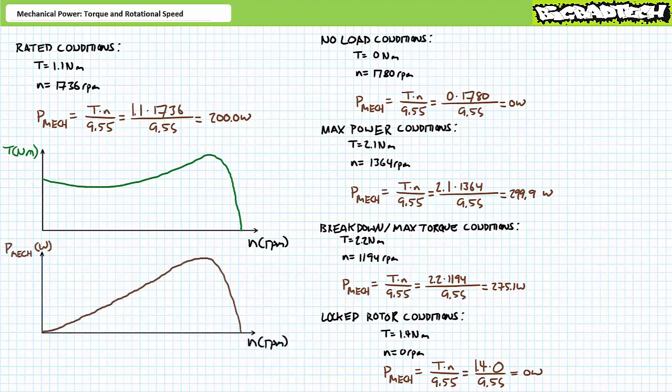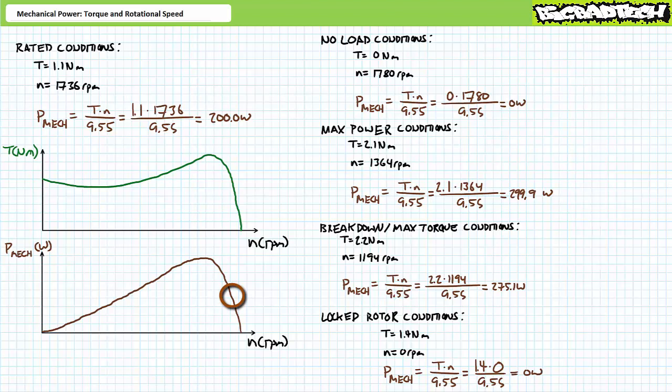If we were to plot mechanical power, the product of torque and rotational speed divided by a constant, for this entire rotational speed range, we'd get a plot that looks something like a rightward leaning peak. At opposite extremes, i.e. at the locked rotor and the no load condition, the motor exerts no power. And in between these extremes, the motor experiences peak power, or the rated power condition on the face of the slope on the right.